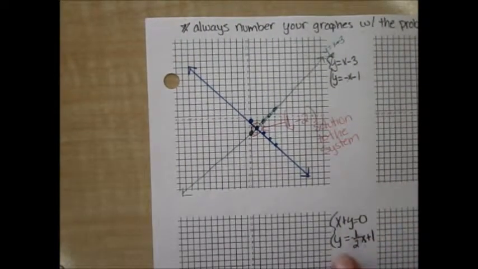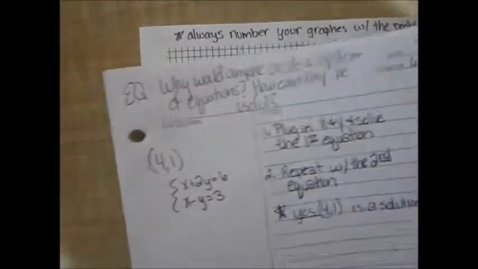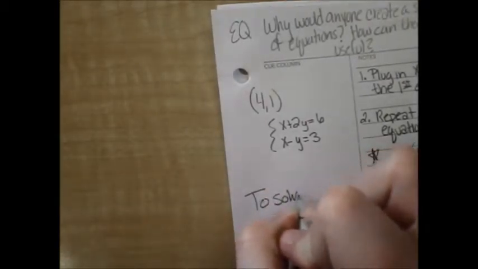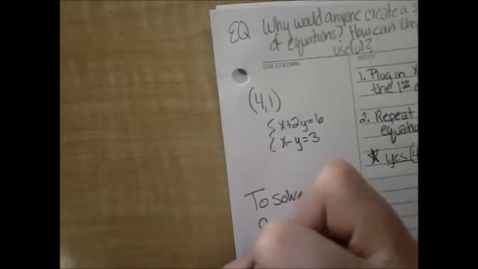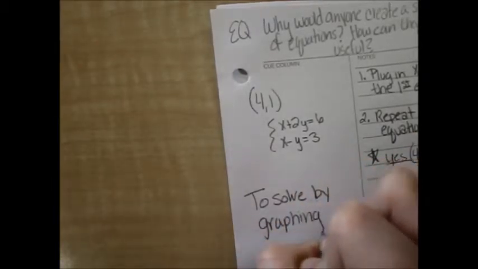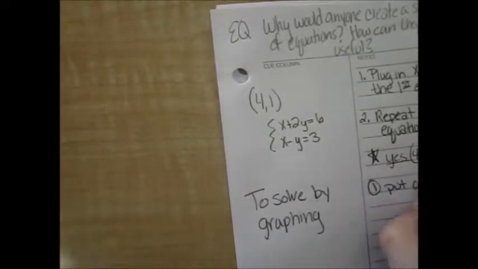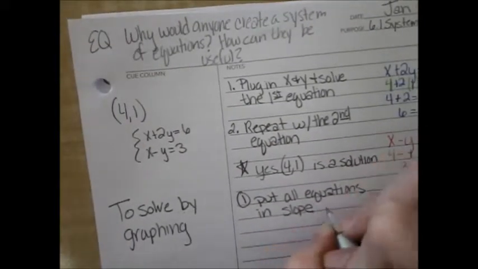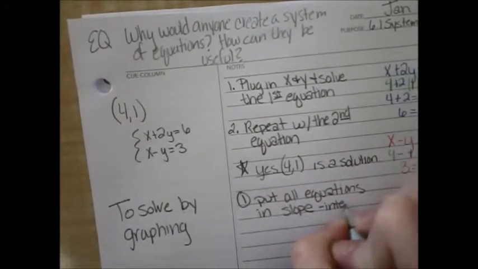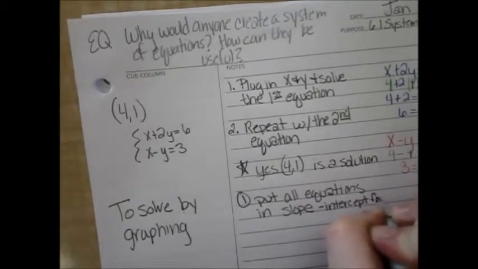Well, in this one, they aren't set up in y equals form, so I'm actually going to have to do an extra step here. Let's write ourselves some steps. To solve by graphing, step 1, we're going to put all equations in slope-intercept form.